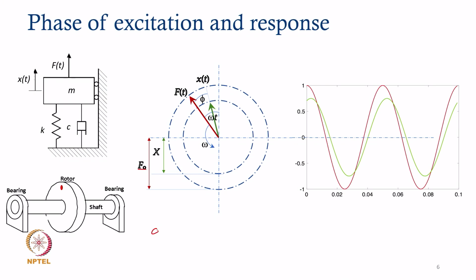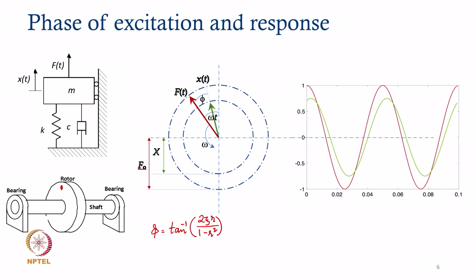So, this phase angle has been shown to be given by tan inverse of the ratio 2 zeta r and 1 minus r square.